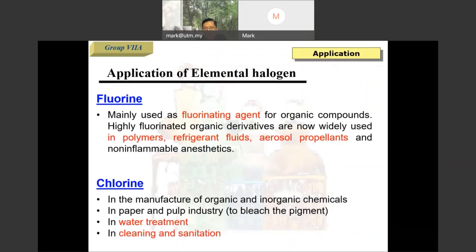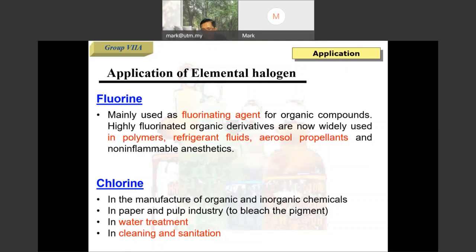Let's look at the application of elemental halogens. Fluorine is mainly used as a fluorinating agent for organic compounds. Highly fluorinated organic derivatives are now widely used in polymers, refrigerant fluids, aerosol propellants, and non-inflammable anesthetics. We know fluorine has been used a lot, especially in the polymer industry.